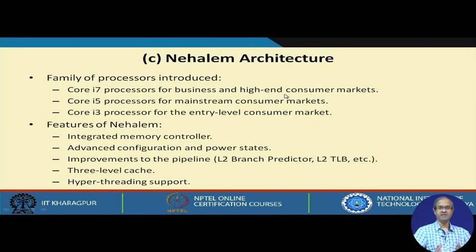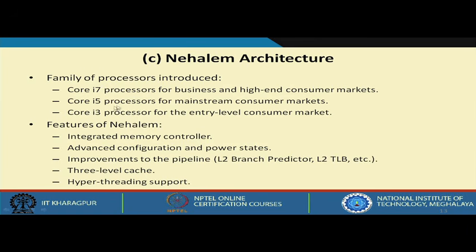Well, of course, the time has changed. Today, we want these I7 processors to be used inside our laptops also for daily use. Okay. So, the cost has gone down, power consumption has gone down. So, we can afford to do these things. Similarly, I5 was meant for mainstream consumer market and I3 for entry level market.